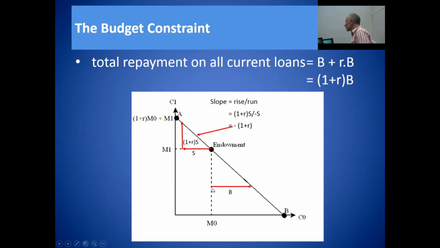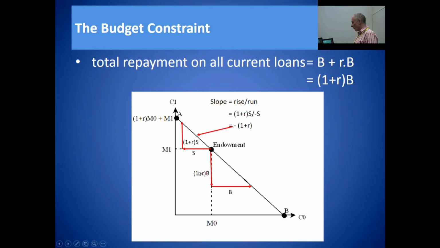If you want to increase consumption in the present by £B, it means that you must reduce consumption in the future by 1 plus R times B. And so, again, the slope is the ratio of the rise over the run.